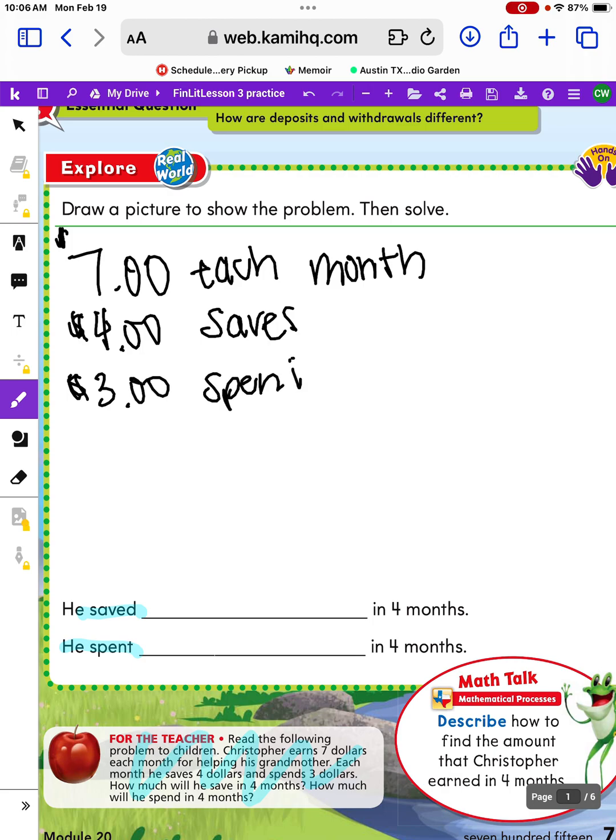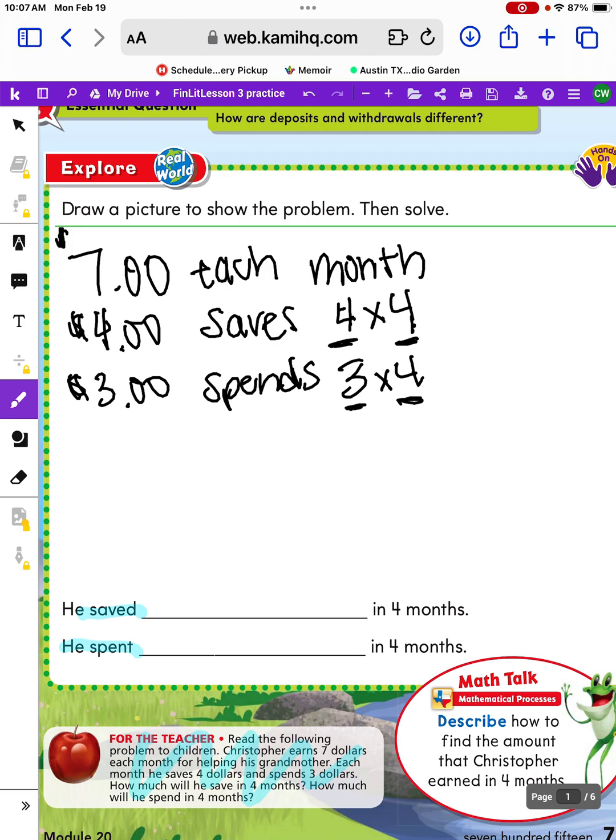Okay, so we're talking about doing this over the course of 4 months. We know we're going to have $4 times 4 months, and $3 times 4 months. So remember, we're just doing repeated addition, not multiplication. If you know how to multiply this is great. However, you still need to show your work on how we're doing it with repeated addition.